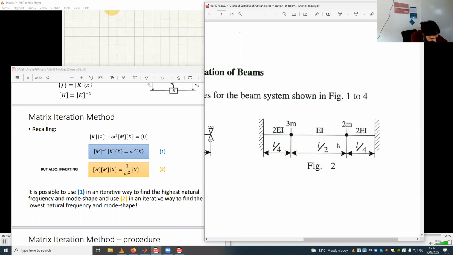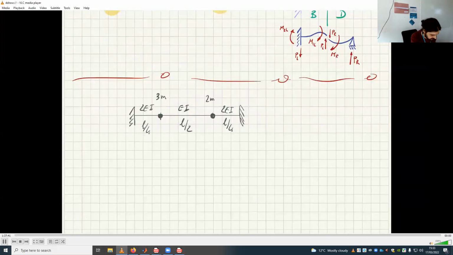And then we have 2 EI, EI, and 2 EI. And we have 3M and 2M. Of course, the masses are not used because we are just finding the stiffness. But if I ask you to find the natural frequencies of this, you need to form the mass matrix. You have the stiffness matrix for forming the mass matrix. So that's why 3M and 2M are important. But if I ask to find the stiffness only, we don't care about the masses.